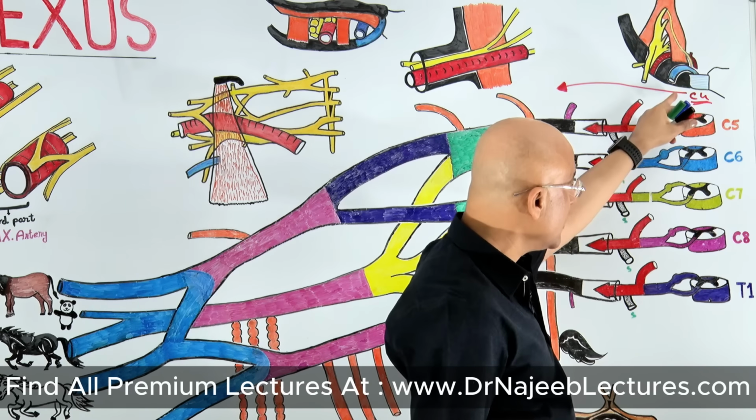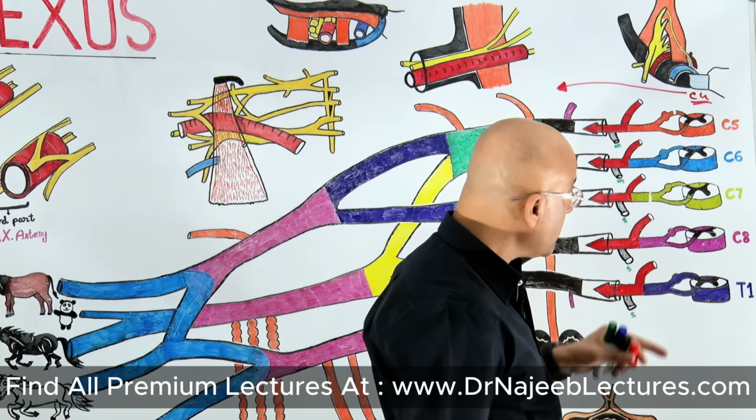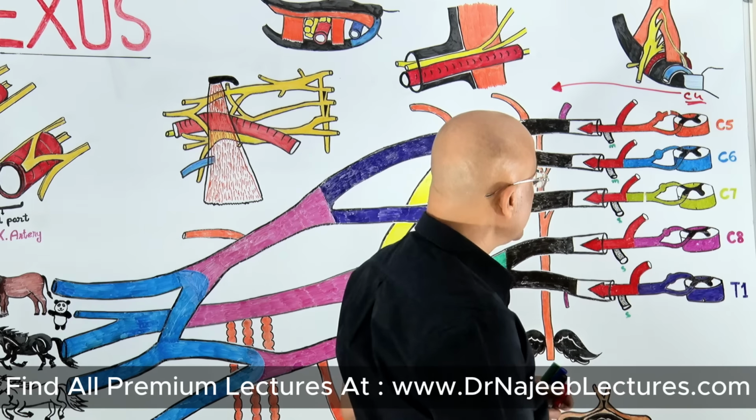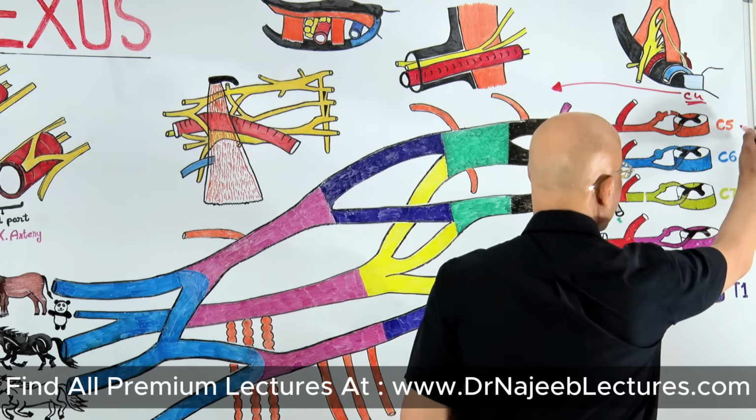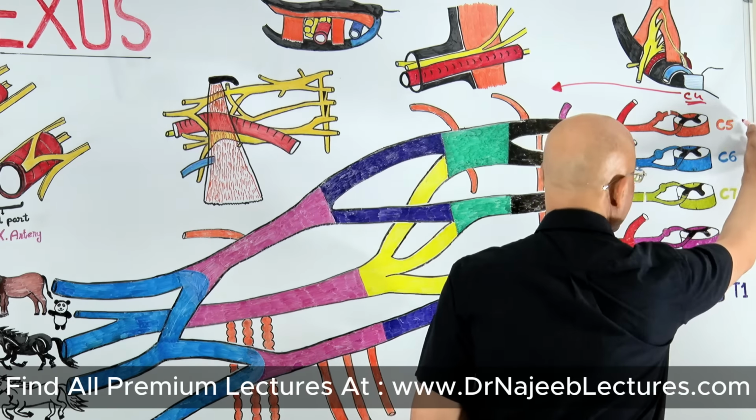So, prefixed. And in some other people, what happens is that fibers from C5 are less, right? And fibers from T2 are added to the brachial plexus, right? And if you have a person like this, then we say this is the post-fixed type of brachial plexus.